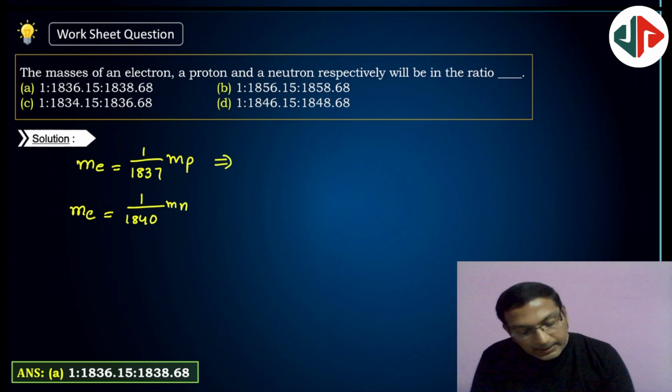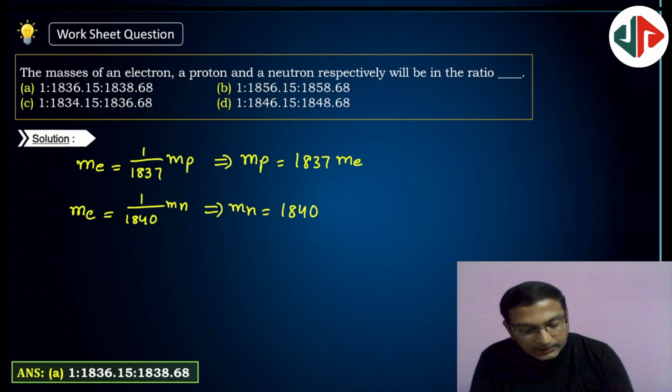So from this we can write mass of proton is 1837 times that of mass of electron. Similarly, mass of neutron is 1840 times that of mass of electron.